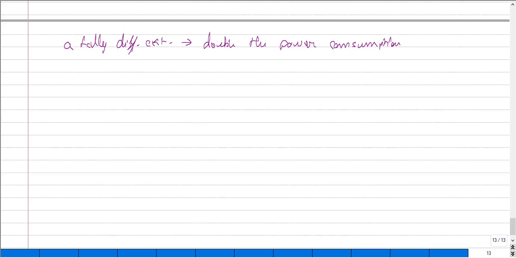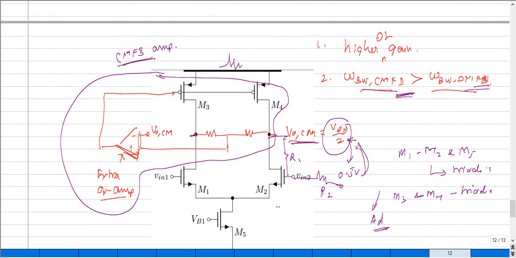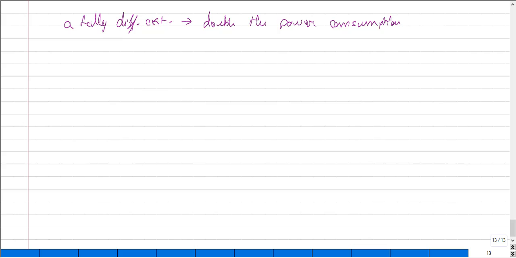We talked about the loading effect due to this RCM. There are ways given in our textbook by which we can eliminate the loading of this RCM. I would encourage you to go through those topics in view of your interest.